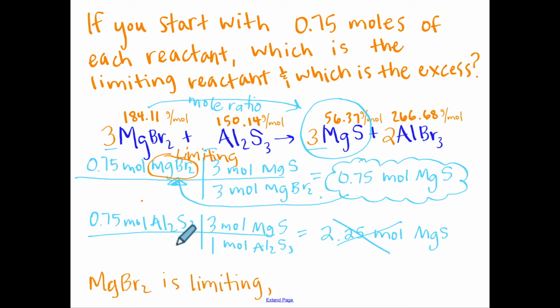And therefore, that makes our other reactant our excess. So we'll say Al2S3 is the excess reactant. And what this means is that all of the MgBr2 is going to be used up. And then there's still going to be some of the Al2S3 left over after the reaction goes to completion.